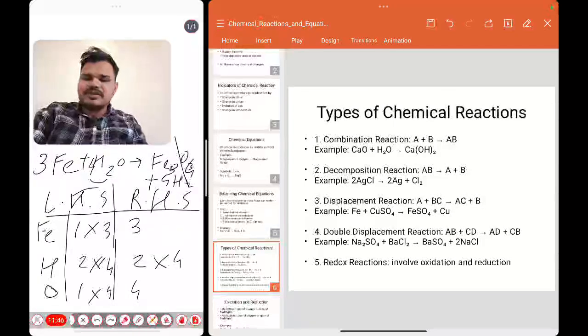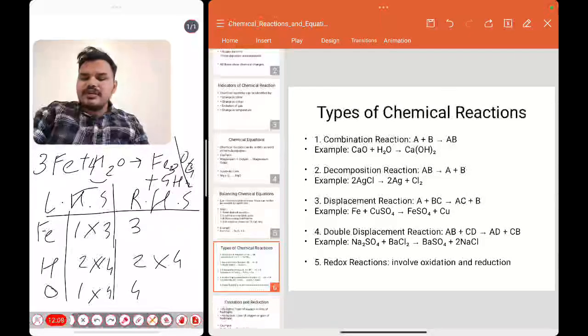Fe is nothing but iron, and CuSO4 is copper sulfate. So iron is more reactive than copper. So automatically the iron will take the place of the copper, and you will get FeSO4 plus Cu.